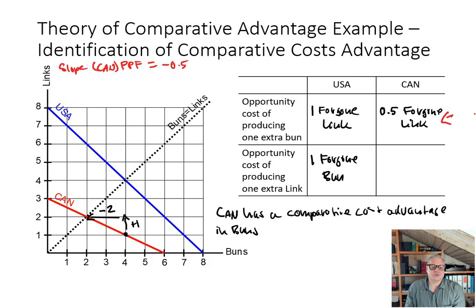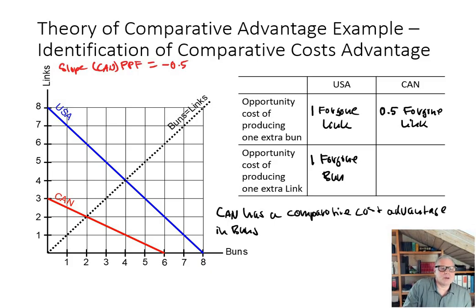But if I ask what's the marginal opportunity cost of producing 1 extra link, then that would be -2 buns, so we have to look at the inverse of the slope. Okay, maybe that takes a little bit of practice, but I think if you look at it again after a little break, it will become clear.